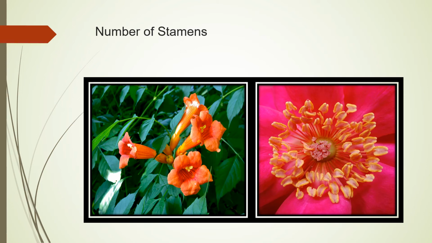Now, number of stamens. From these two diagrams, what do we understand? There are two diagrams, and we need to understand how these flowers can vary from each other. So we put the heading variations in the Androecium. In the first picture and in the second picture, suppose there are many stamens, several dozens of stamens, but here there are few stamens.